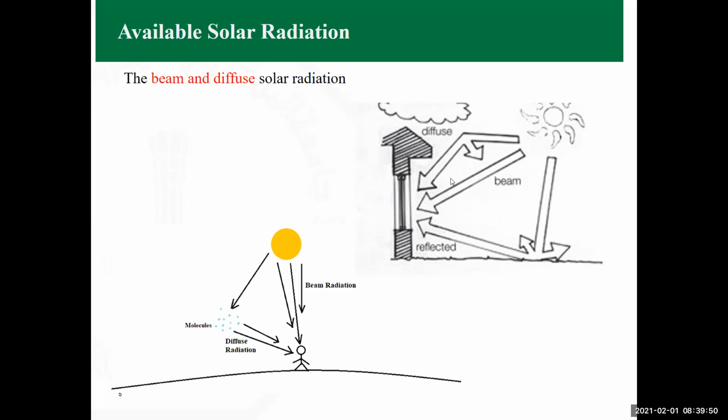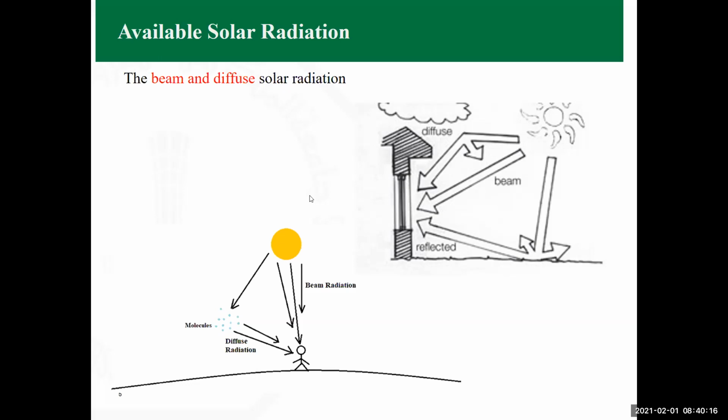It can be by the molecules, it can be by clouds, like what you see here. The window is receiving beam radiation, and it is receiving diffuse radiation coming from another source that reflected the beam radiation, which is the clouds or sand particles or whatever particles are suspended in the air. And there is reflected radiation, which is coming from the ground.